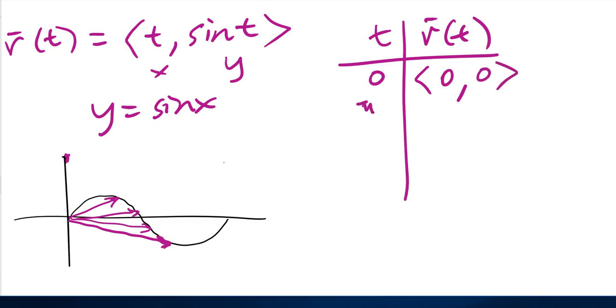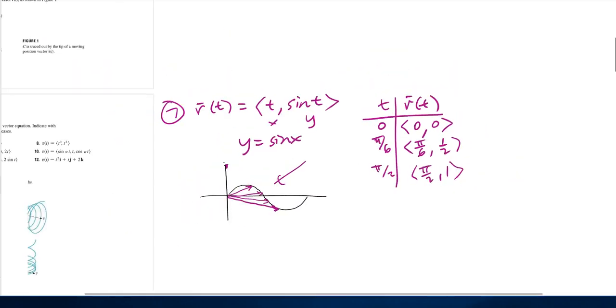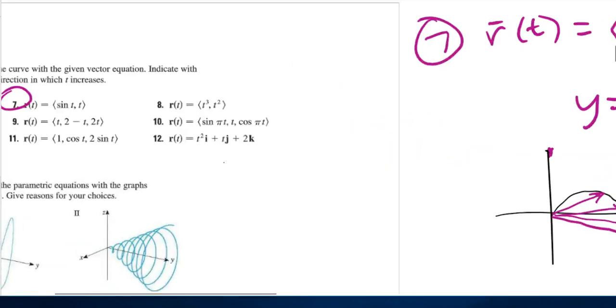When t is pi over 6, you have pi over 6, comma 1/2. So you're going to go over pi over 6 and up 1/2. If you have pi over 2, you have pi over 2, comma 1. Well, these are just points on the sine curve. It's really kind of the same stuff you've seen before, in 2 dimensions at least.